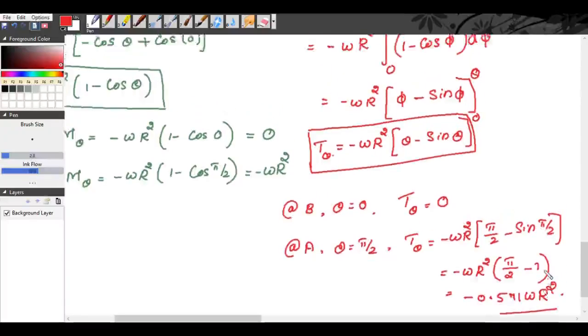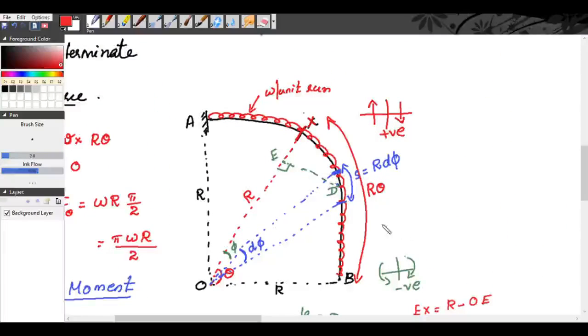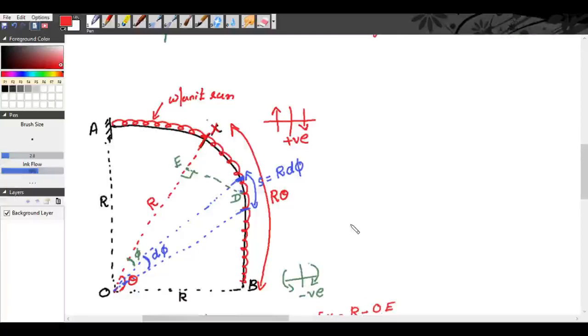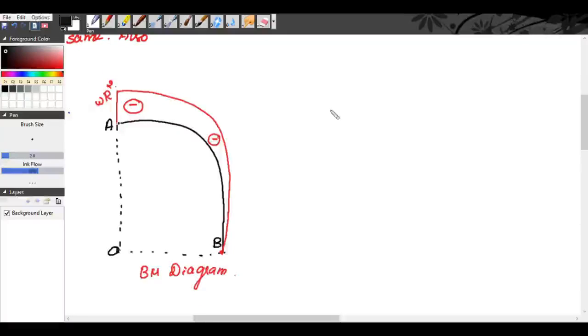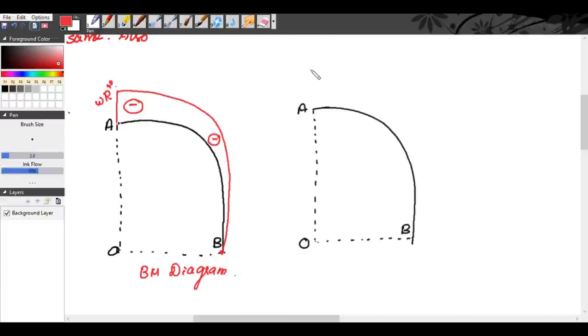Now we will mark the variations. The bending moment diagram is drawn; we will draw the torsional moment diagram. This is A, this is B, this is O. The torsional moment magnitude at A is 0.571 W R square, and at B it is 0.